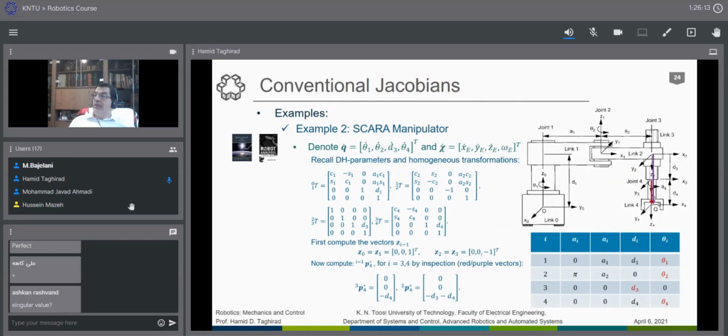What would be the end effector? It gives us x, y, z in the end effector, and an ω_e, which of course is not a complete orientation. It has only 1 degree of orientation. ω_e has a component around z4, for example.